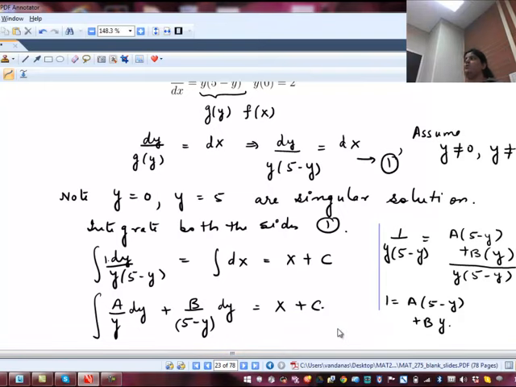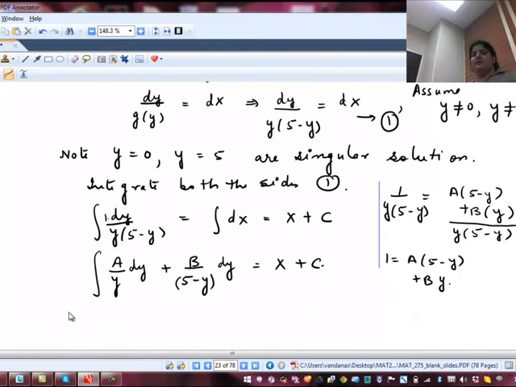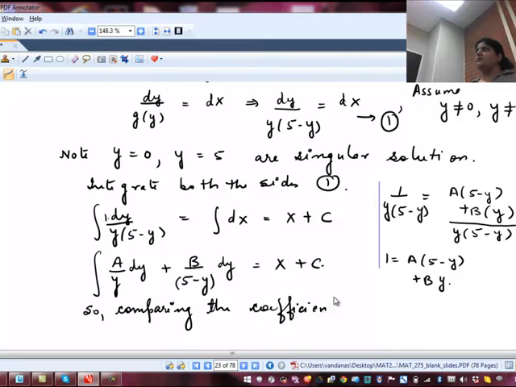So comparing the coefficients, we will get constants here as 5a, and coefficient of y is negative a plus b. On the left hand side we don't have a y term. So negative a plus b has to be what?